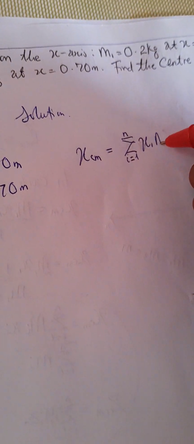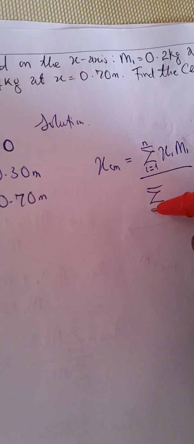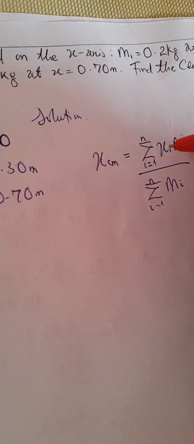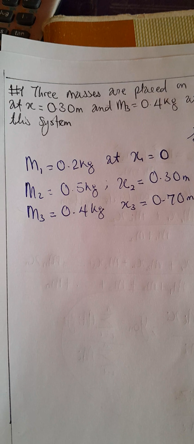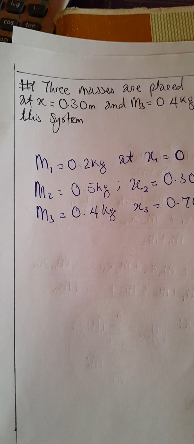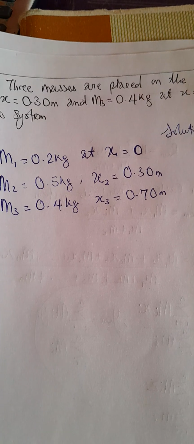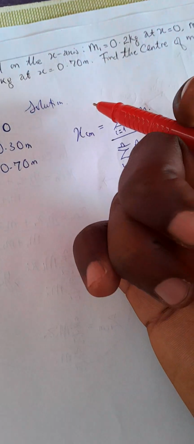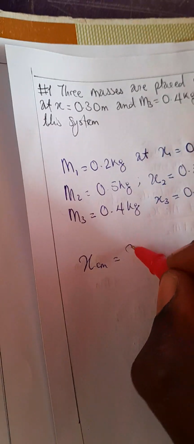Having known this formula, you ask yourself, how many masses are we talking about? We're talking about 3 masses, and for each of those masses we have the position. So I'm going to expand this formula for i equals 1, i equals 2, and i equals 3, just 3.